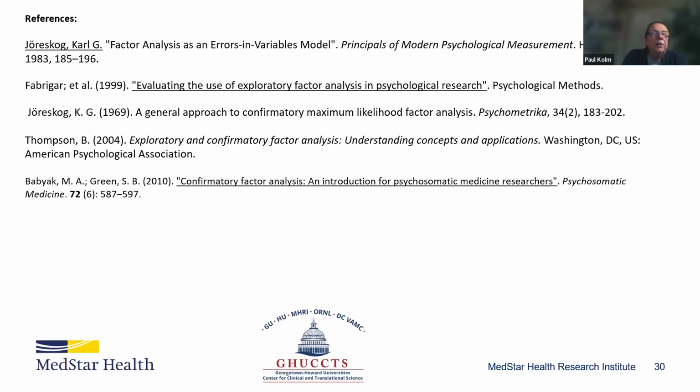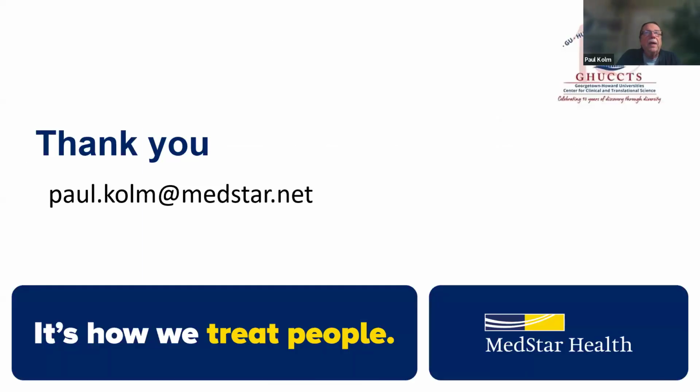If you're really interested, just Google factor analysis, either exploratory or confirmatory, and you can find all kinds of papers and references. I hope this has been at least somewhat helpful or informative, and I want to thank you for your time and attention.